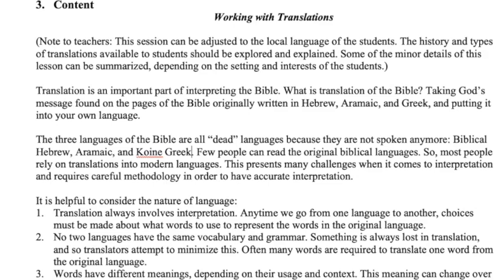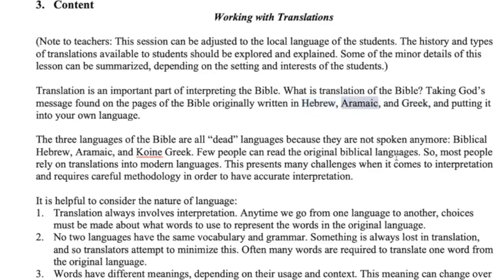So the languages of the Bible, Hebrew, Aramaic, and Greek, they're all what we call dead languages. In other words, they're not spoken in the same form that they were 2,000 or 3,000 years ago. Now, there's still a few groups in the world who speak these. Hebrew has been revived and has become one of the important languages in Israel, but modern Hebrew is different than biblical Hebrew.